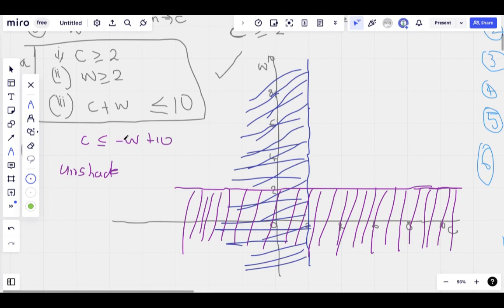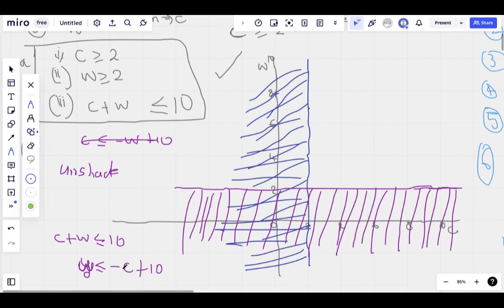We assumed W to be our Y, because W is what you put on your Y-axis, and C is what is on your X-axis.